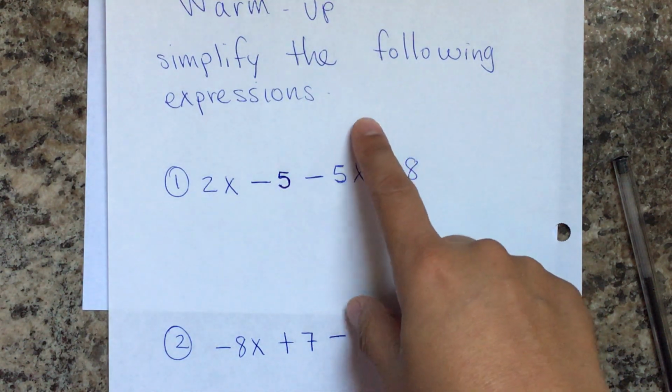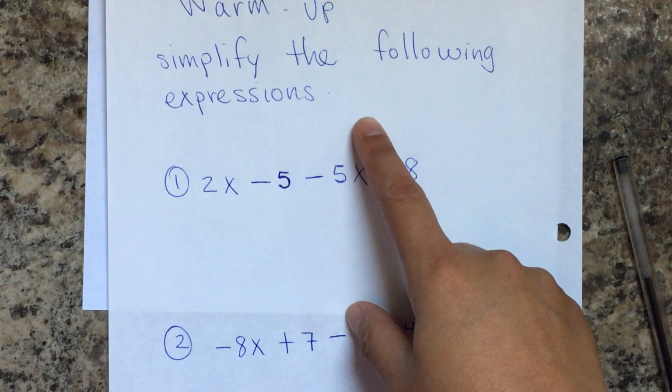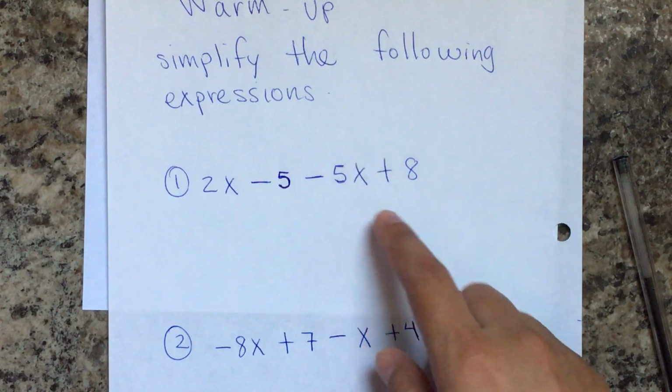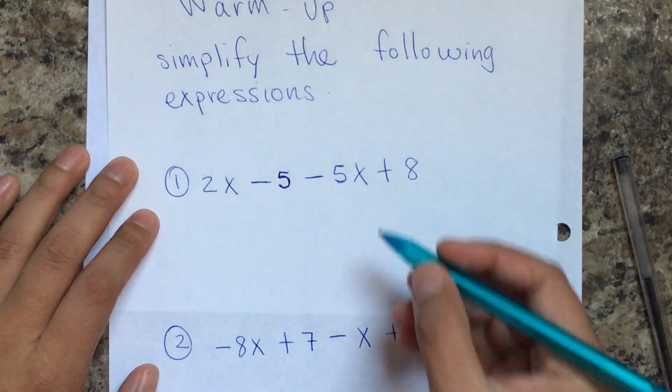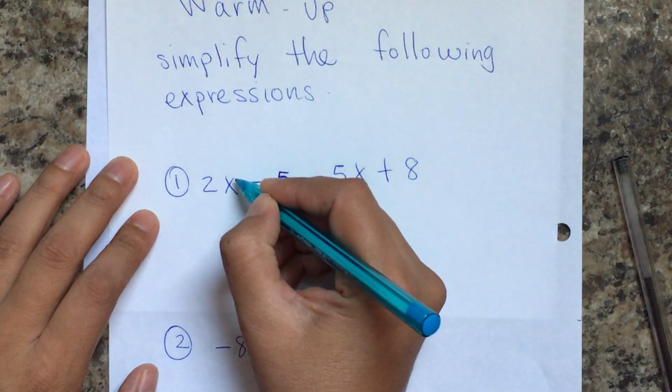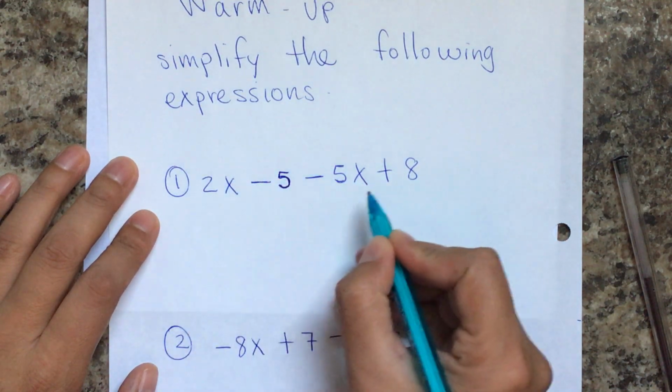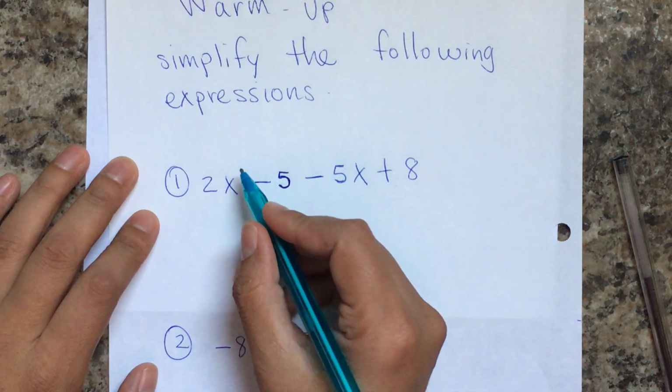Simplifying expressions sometimes includes distributive property, which we'll be doing more of next lesson, but today we're doing only combining like terms. Combining like terms, you learned before, are terms with the same variable raised to the same power.